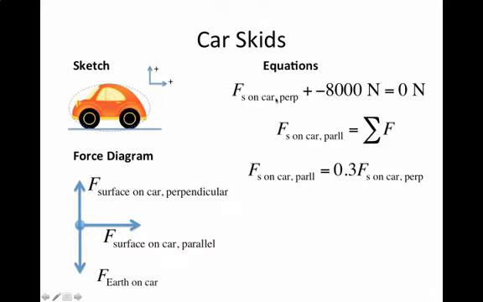So the first thing I'm going to do is solve for the perpendicular force by just solving this equation. It's going to come out to 8,000 newtons, which makes sense, right? It balances this one down here. And then I'm going to plug that into here, and when I multiply 8,000 times 0.3, that's going to tell me how big the friction force is, and then the friction force winds up being my only force in the x direction, so that's going to give me the sum of my forces.